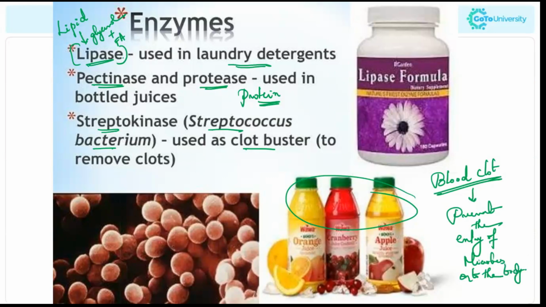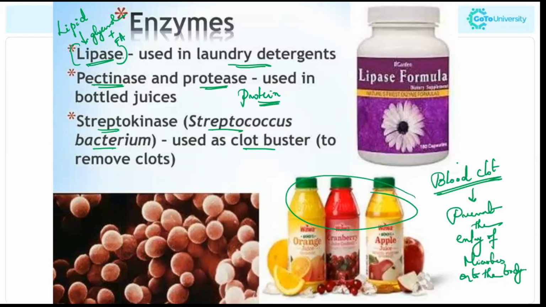So the streptokinase, which is produced by the bacterium Streptococcus, after modification by genetic engineering, will be removing the clots. It breaks the clots in the blood vessels of patients who have undergone myocardial infarction leading to heart attack.